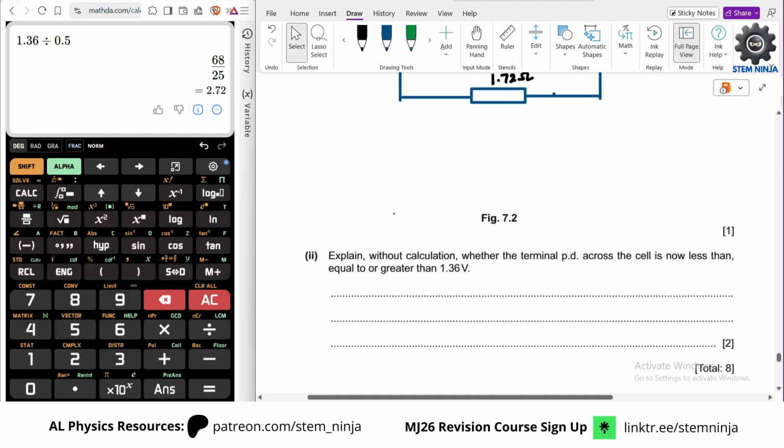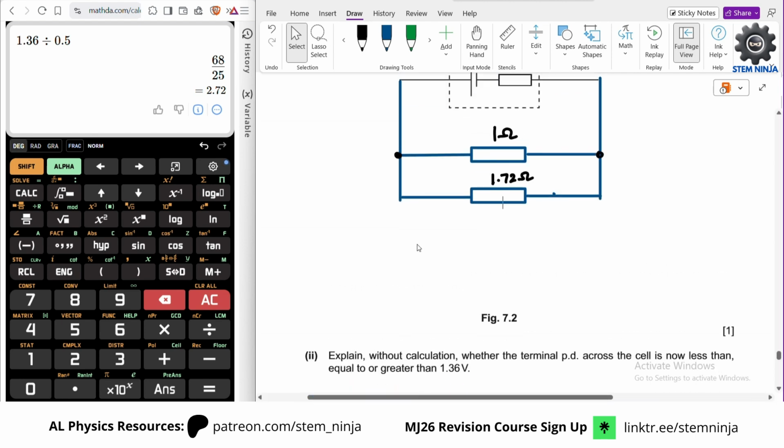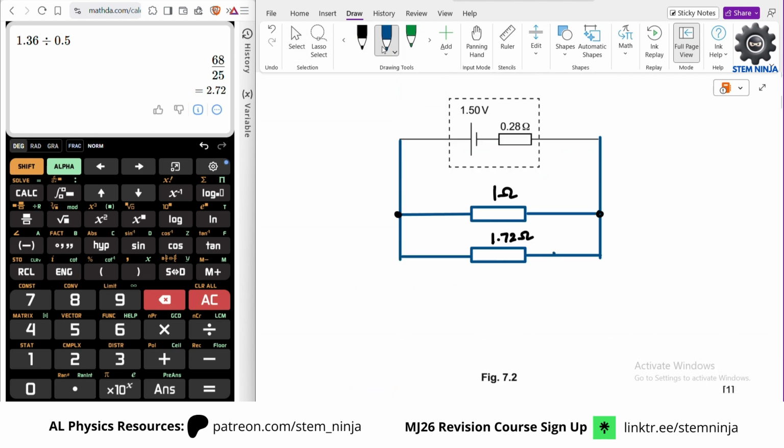Okay. Explain without calculation whether the terminal PD across the cell is now less than, equal to, or greater than 1.36 volts. Okay, now this is something to see over here. Previously, the effective resistance was 0.28 plus the 2.72.